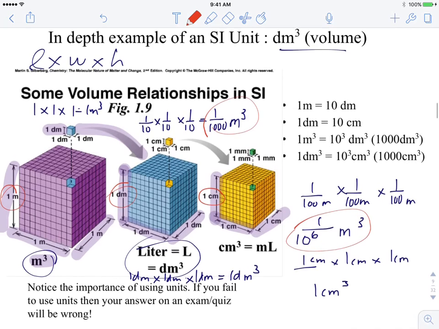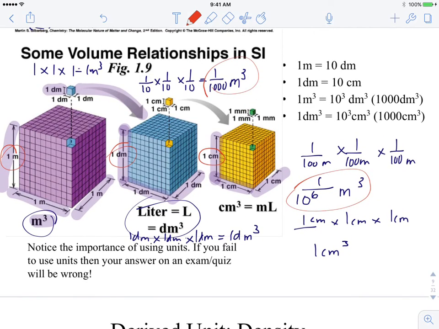So my advice to you is when you look at volumes, and any units, and we're going to come back to this again and again, when you change the dimension by 10, the volume changes by 1,000.